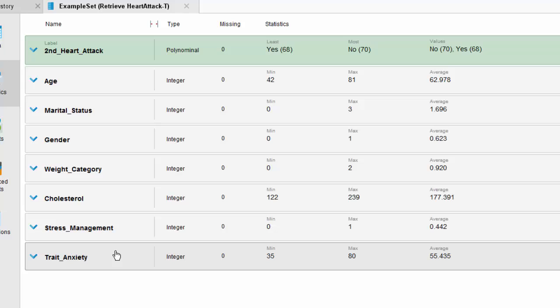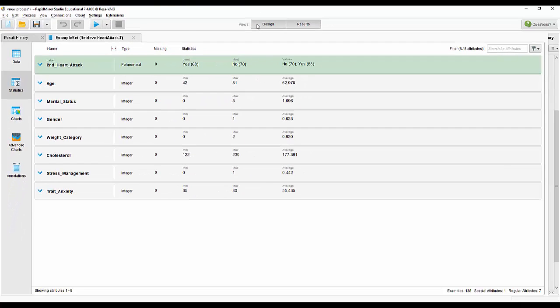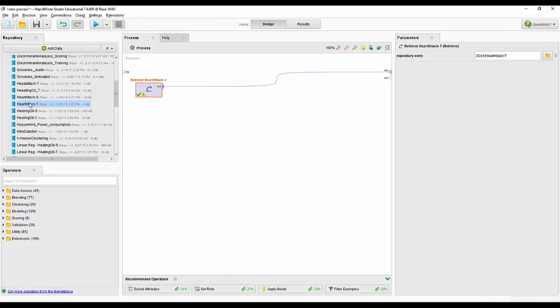Those people who already contracted their first heart attack, they came to our clinic, and now we want to use this past data, this old data, in order to predict the risk of contracting a second heart attack. And that's what our scoring dataset is. Let's go ahead and take a look at our scoring dataset, heart attack scoring.